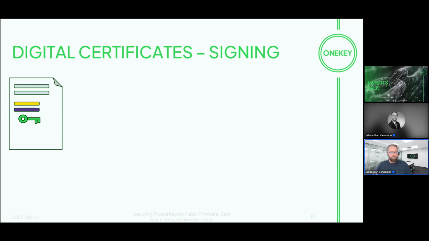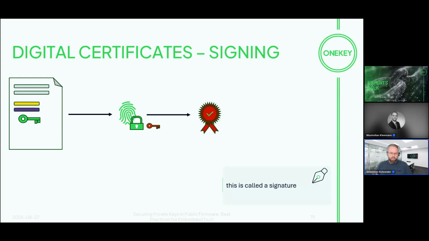Now to bind this information to the private key, we again generate the hash value of everything together, so data plus public key, and we then private key encrypt this data. This will generate a so-called signature. And of course, after using the private key for generating the signature, it must be securely stored away.